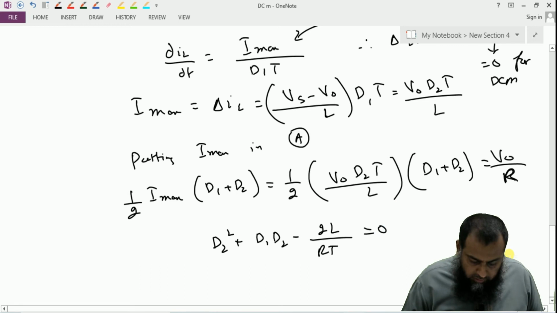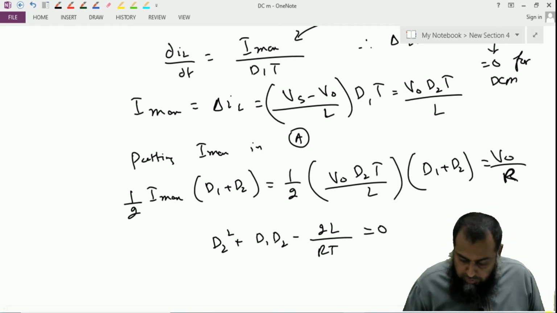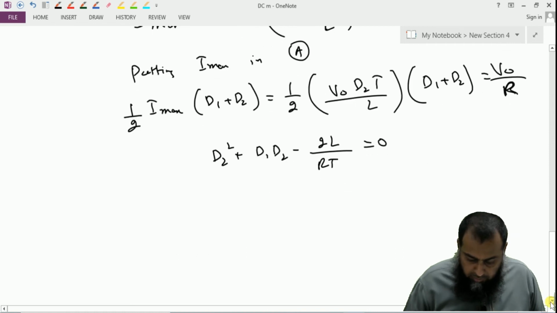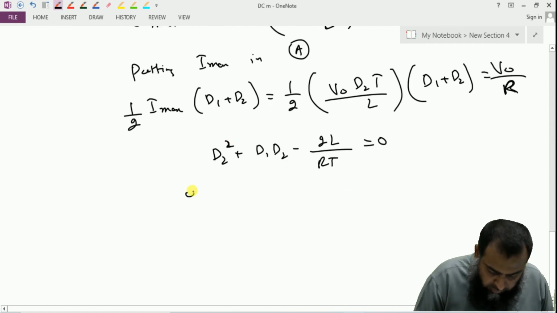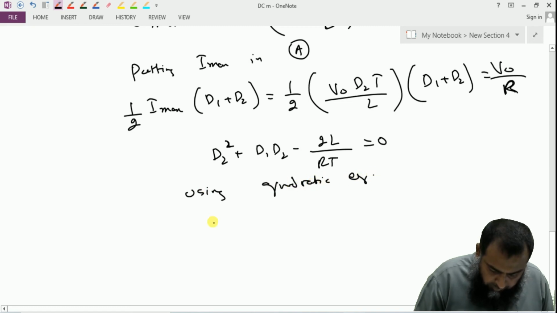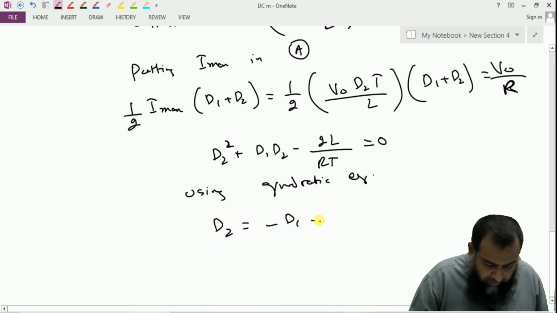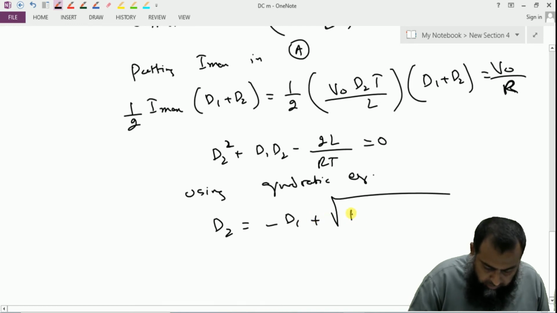Now using this equation and the concept of the quadratic equation, we can find the value of D2, which is equal to minus D1 plus the square root of (D1 squared plus 8L over RT), divided by 2.